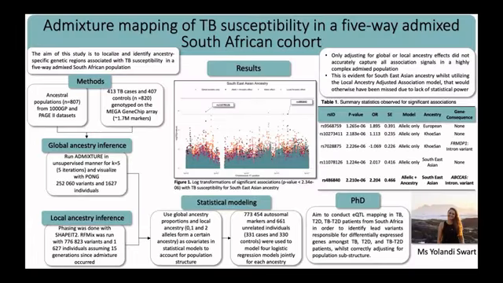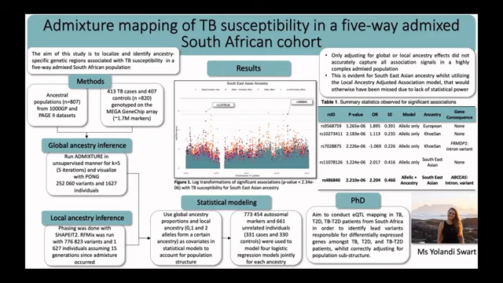Another one of my PhD students, Yolande Swart, also took an alternative approach to standard GWAS, and she performed admixture mapping of TB susceptibility in a 5-way admixed South African cohort. She too identified some very interesting significant associations.